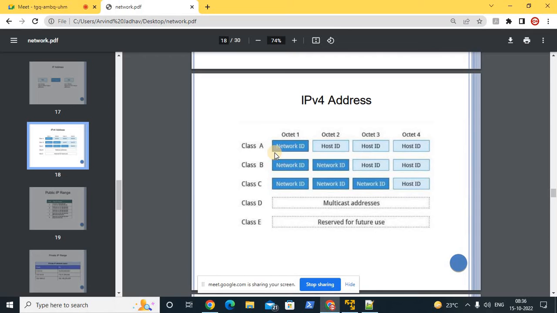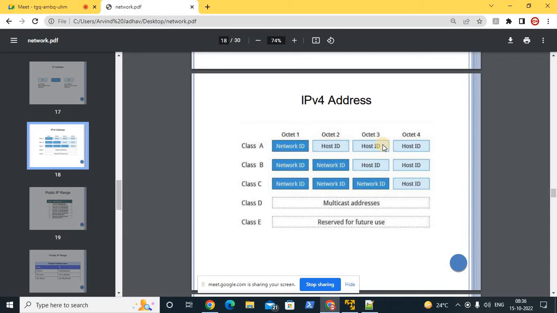Among that, if it is class A, then the first octet is always the network ID and we cannot change that network ID, but the rest of the parts we can change. The second octet we can change. I will give you an example, don't worry. The third octet can be changed and the fourth octet can also be changed, because these are the host IDs.